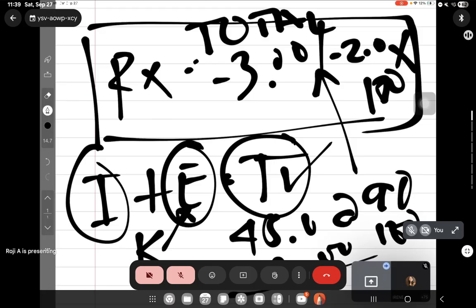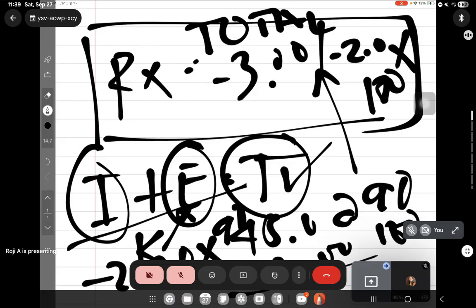Very good. So you have a minus 2 axis on the flattest, which is 90. So this is going to be axis 90.